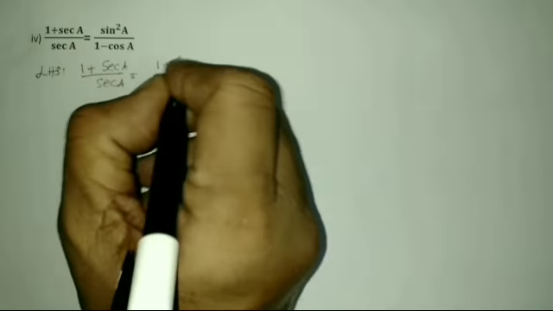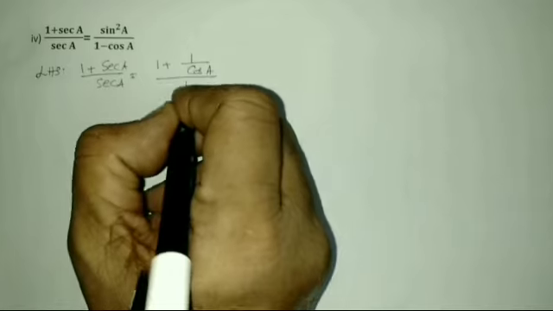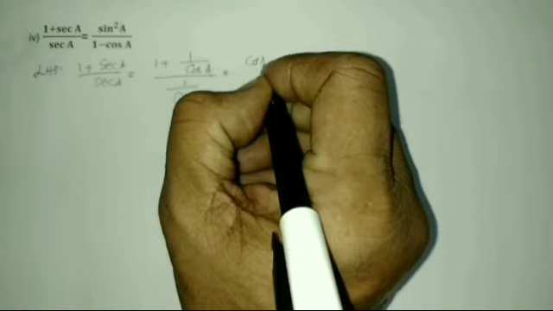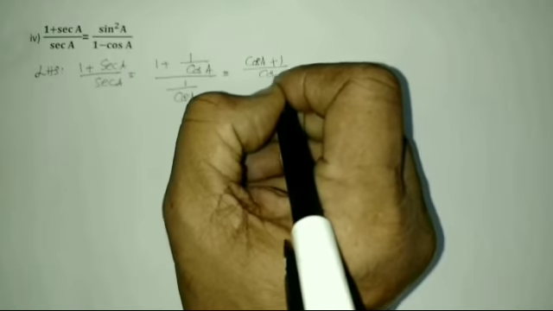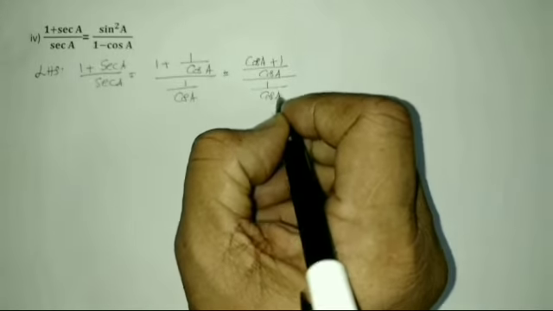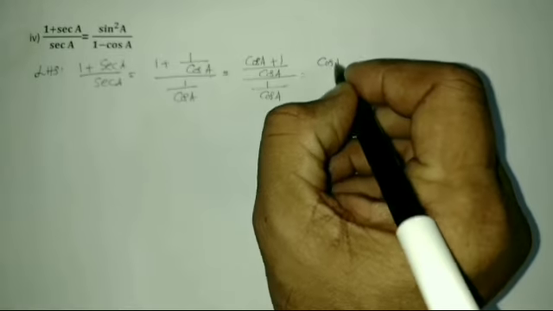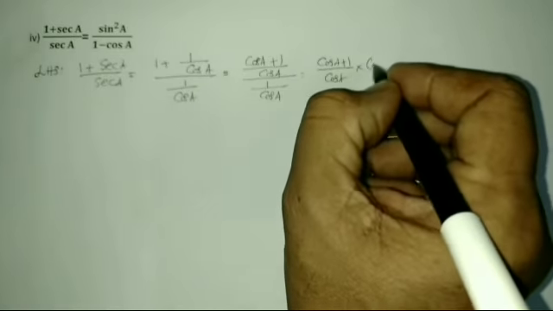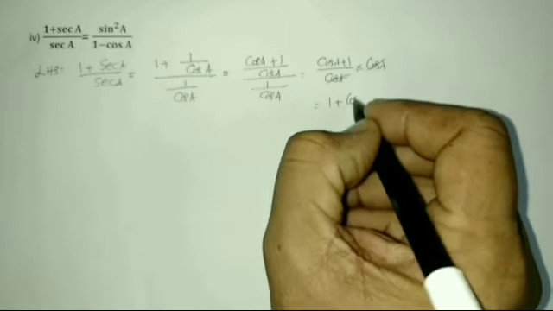So 1 plus 1 by cos a by 1 by cos a. Cos a plus 1 by cos a by 1 by cos a. That is equal to cos a plus 1 by cos a into cos a.